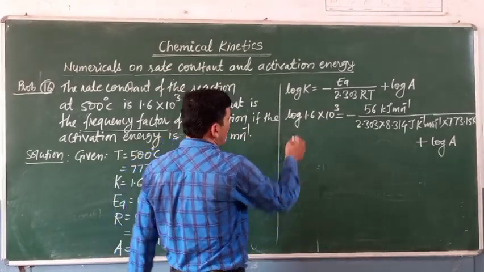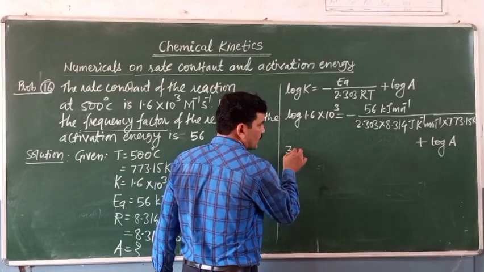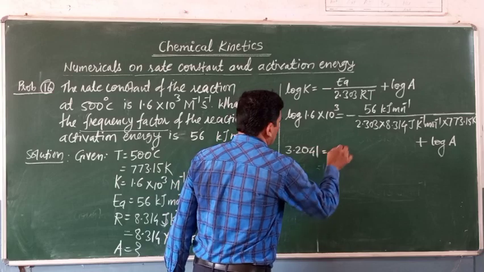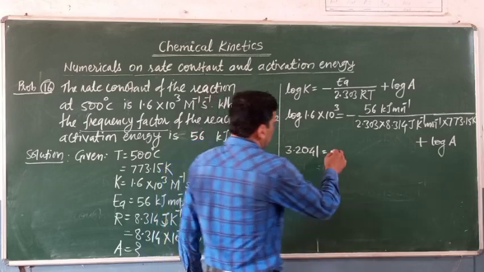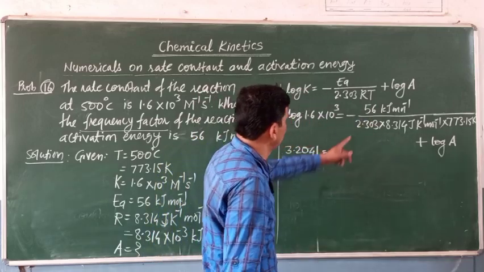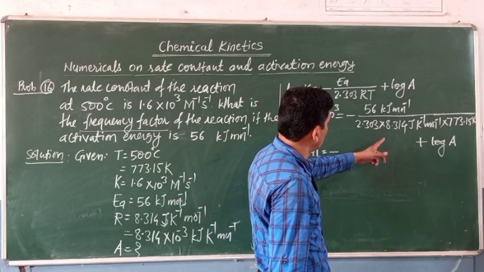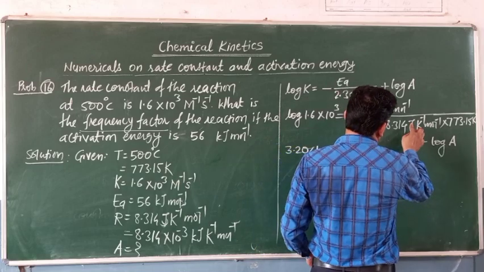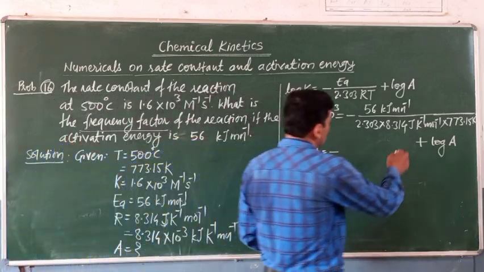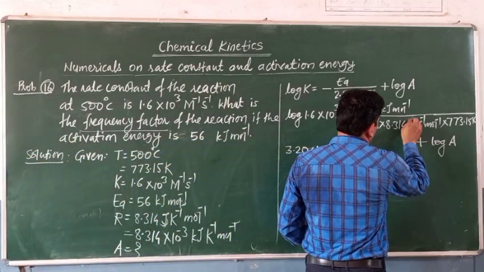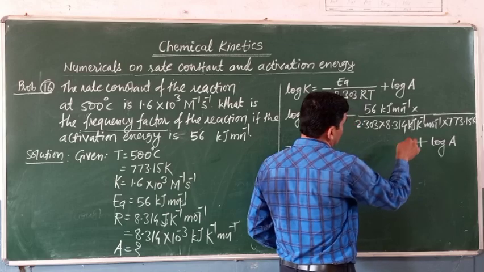We can solve this step. Log of 1.6 into 10 raised to power 3 is 3.2041. We can obtain the value from the log table. Then this is the negative value. We can solve this, and the units. Here the value of molar gas constant should be 8.314 into 10 raised to power minus 3 kilojoule, and the 10 raised to power minus 3 when brought to the numerator becomes 10 raised to power 3.